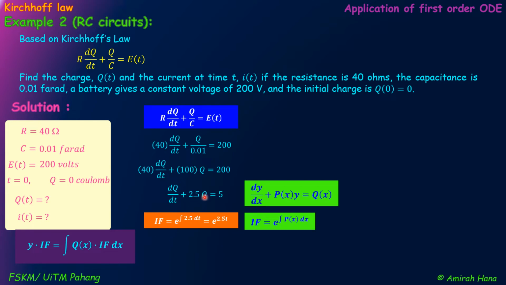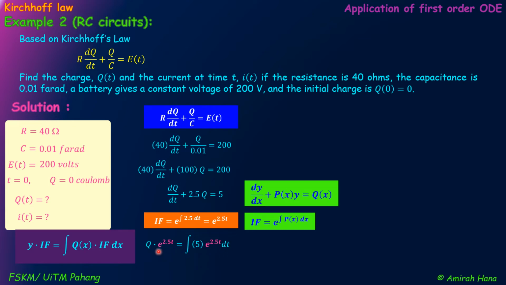In this case, our y equals q, so we can write q times IF, where IF equals e to the power of 2.5t, equals the integration of our q(x), which now equals 5, times IF, which is e to the power of 2.5t. Then we integrate with respect to t.